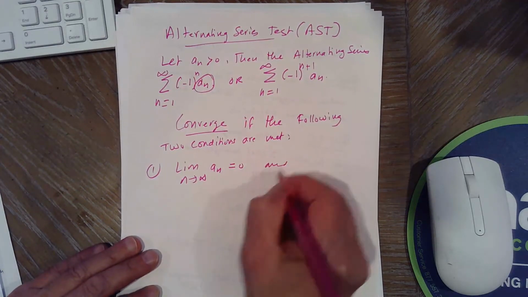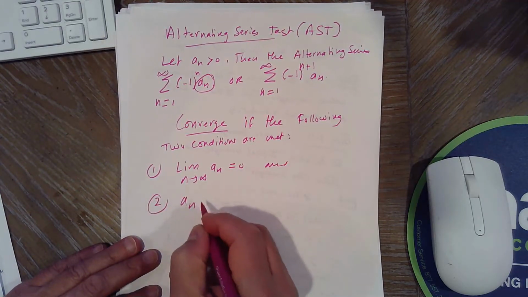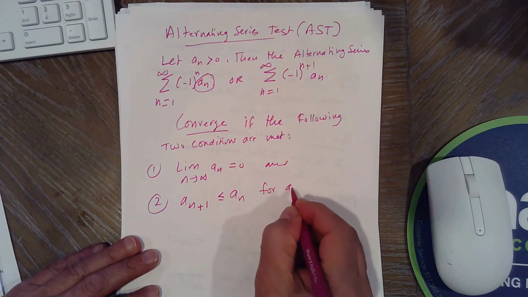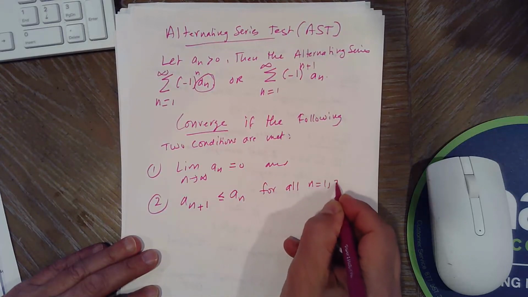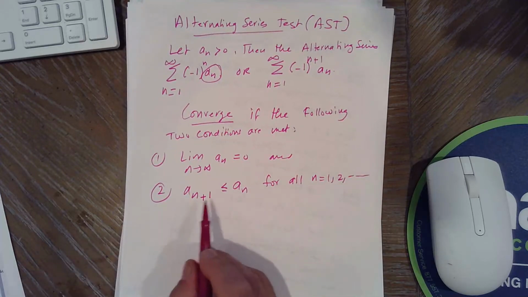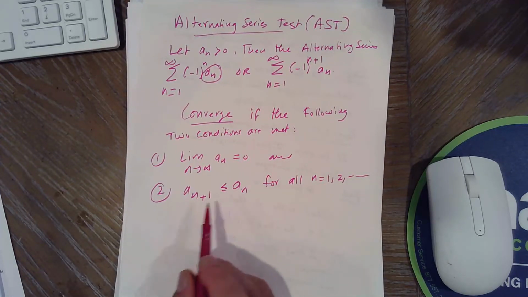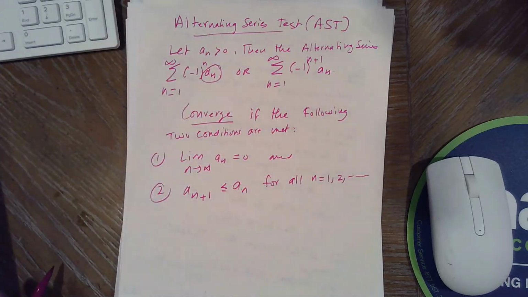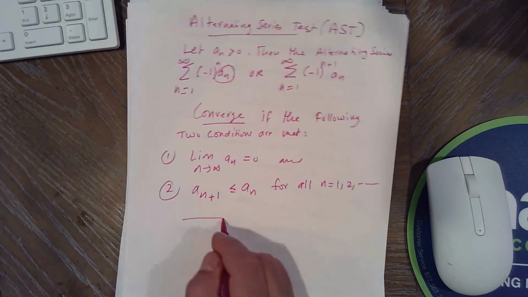And there's another rule: the terms of that sequence have to be decreasing for all n. a2 is less than a1, a3 is less than a2, and so on. So they're decreasing. And there's a nice proof in there, so in the notes, look it up if you want. If I ask proofs, it will be extra credit, okay?